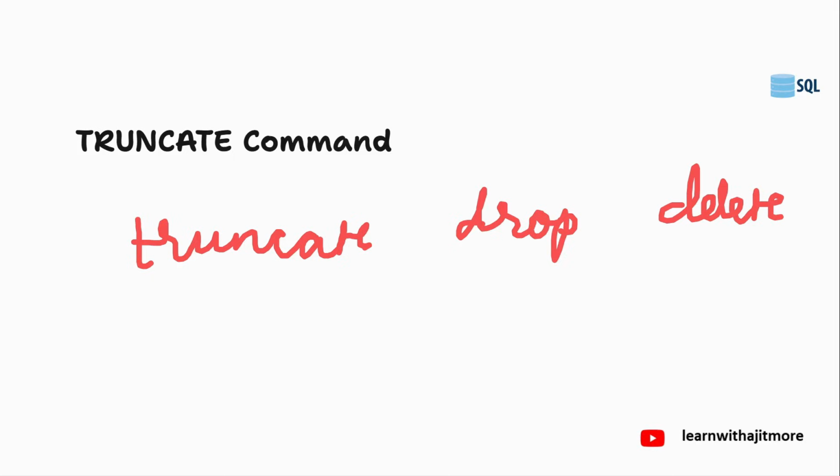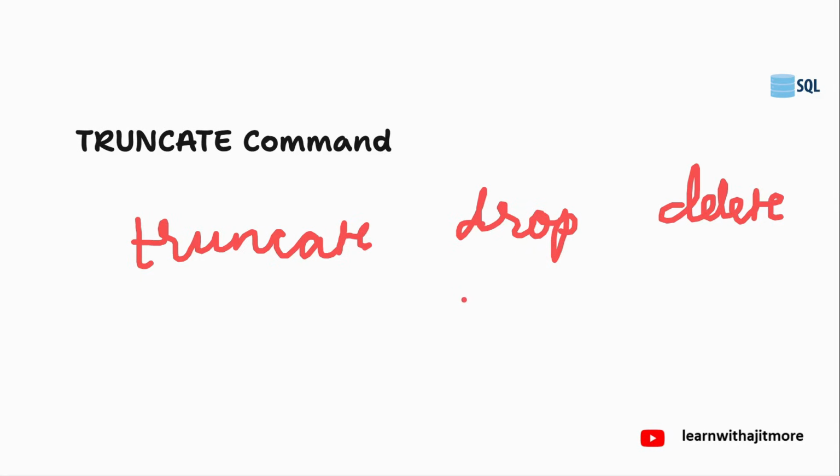Okay. Remember, drop and truncate, they both come under the DDL category. They are data definition language. Delete comes under the DML category. First basic thing: truncate will delete all the records and keep the structure. It will maintain the structure. Structure is preserved, but the records are gone.